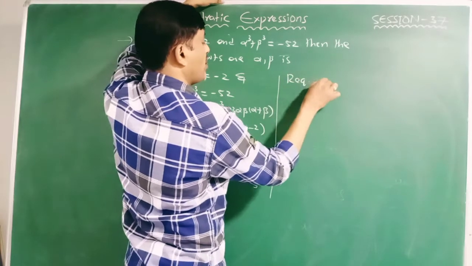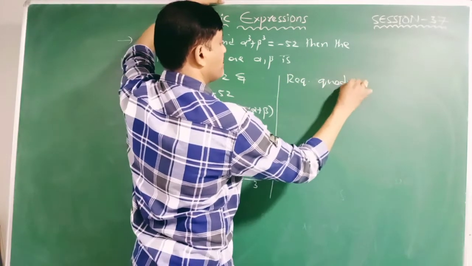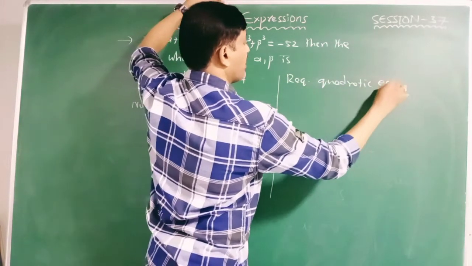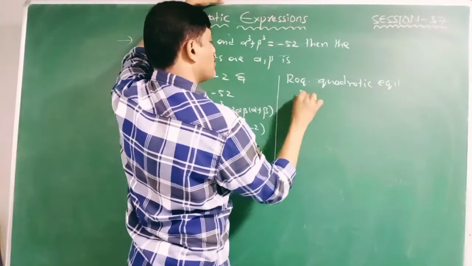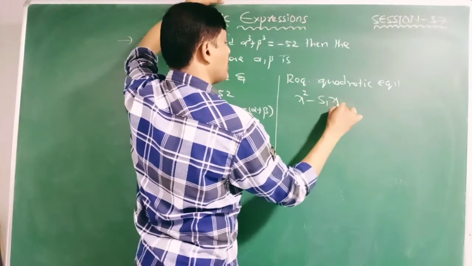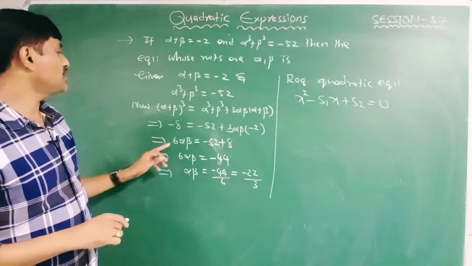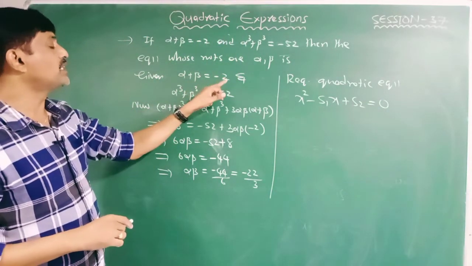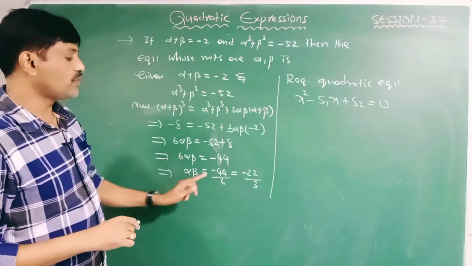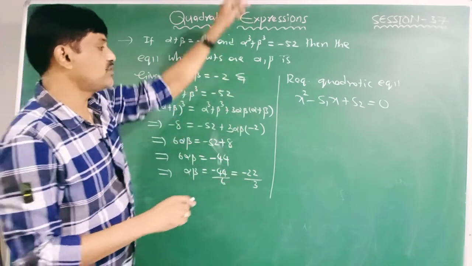Now the required quadratic equation: x square minus S1x plus S2 is equal to 0. S1 is the sum of the roots, already we have minus 2. S2 we got, the product of the roots, minus 22 by 3.